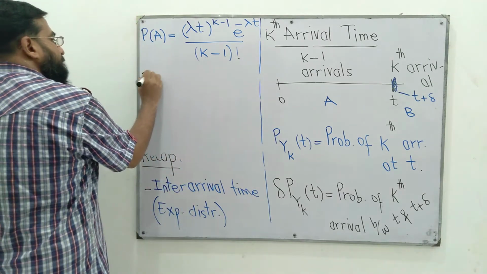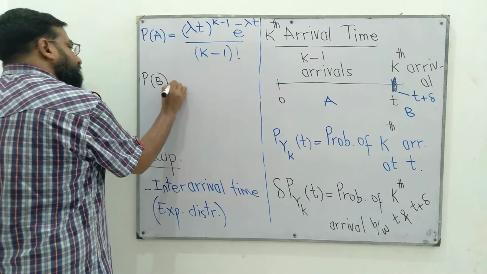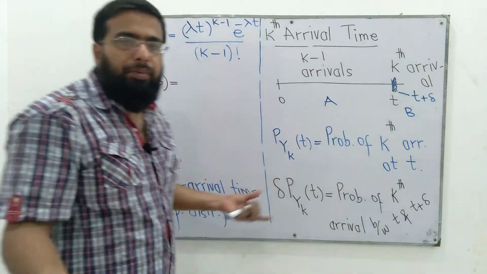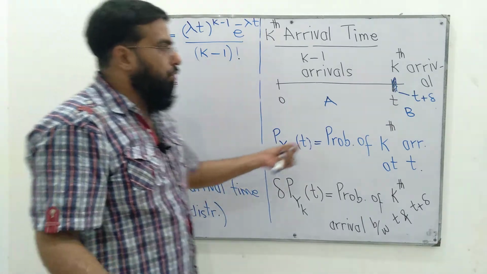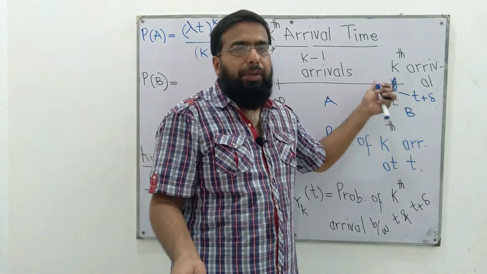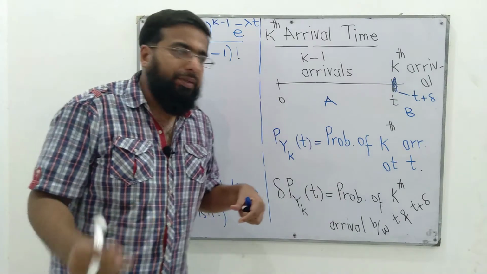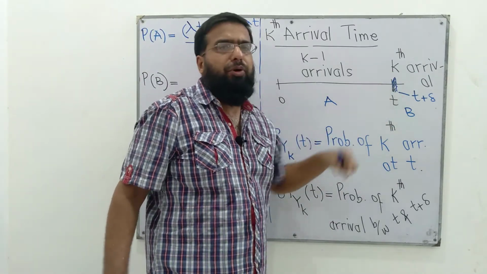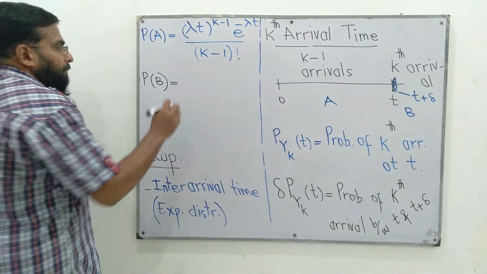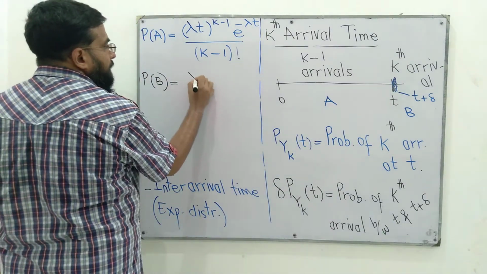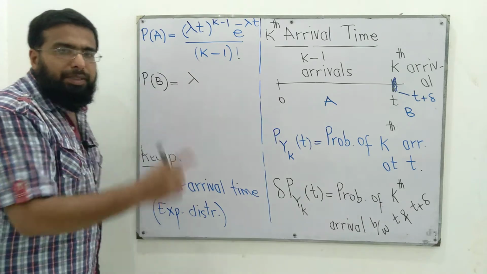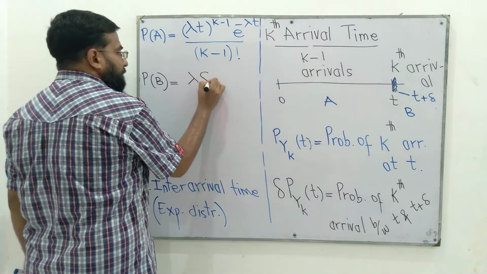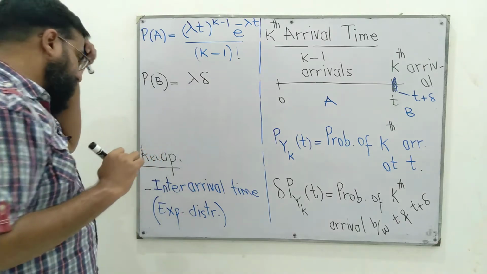And this second event, that exactly one event happens in this very small interval of time, is the probability of success. This can also be assumed as a Bernoulli process, where we are computing the probability of having one success in a small interval of time. The probability of success would be lambda times the interval, which here is delta, so we'll write it as lambda times delta.